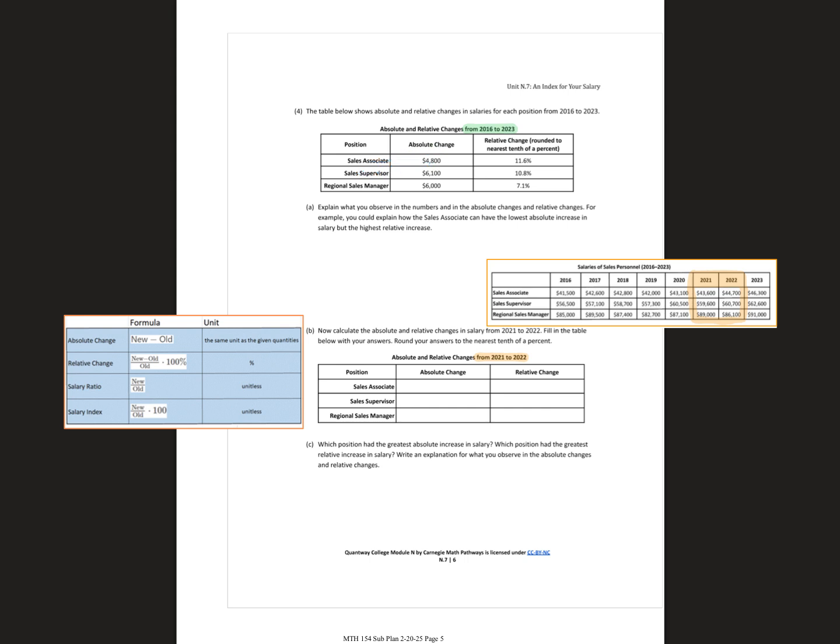So what's happening in 2023 for sales associate salaries minus what's happening in 2016. To get the relative change, they're taking the absolute change and dividing by the old, which is the 2016 value, and multiplying by 100 to get a percent. They did the same type of thing for each of those positions using the data from question 1.